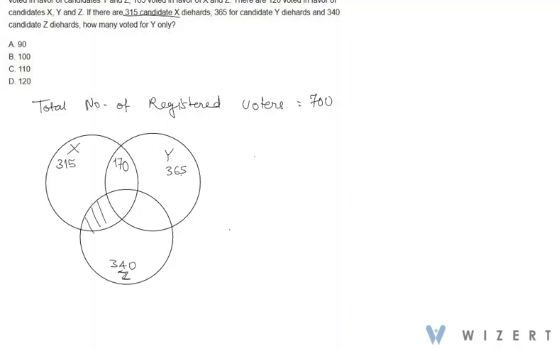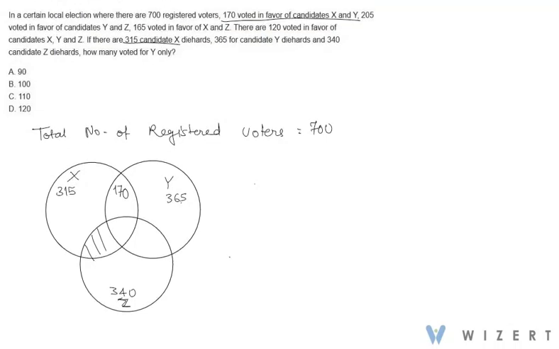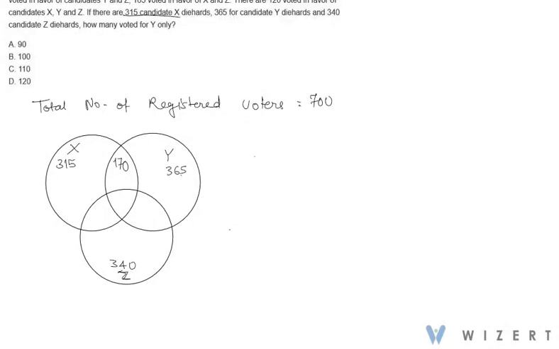This particular overlap, that is X and Z, the number of people who voted for candidates X and Z, is given as 165. This entire overlap represents 165 people, and this entire overlap represents 205 candidates, because it is given here. So this is 165 and this is 205.